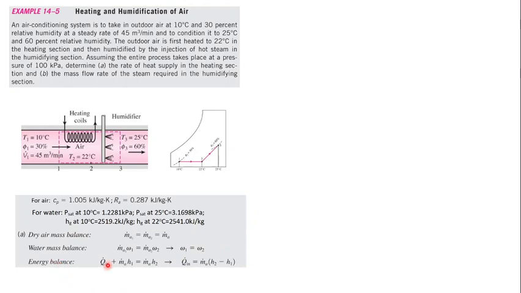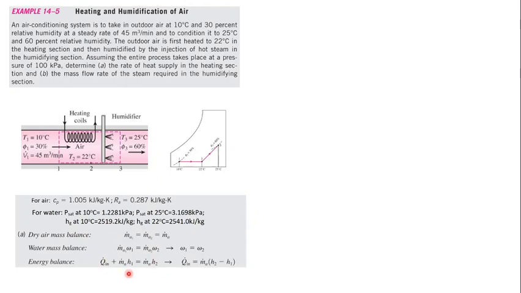And as for the energy balance, this is the Q in involved. So the energy in equals energy out. The three elements of energy: 2 in, 1 out. So Q in plus m dot A H1 equals m dot A H2.